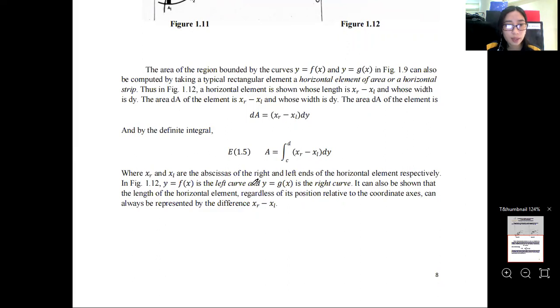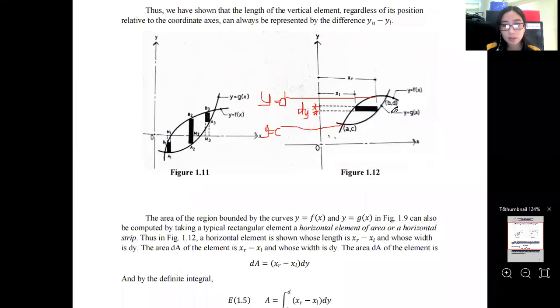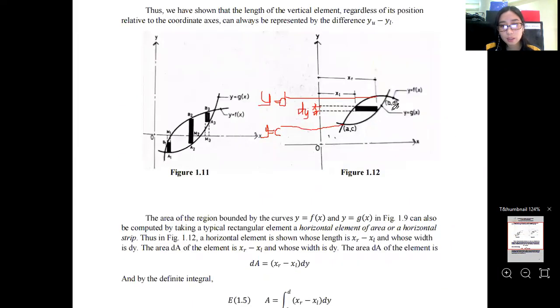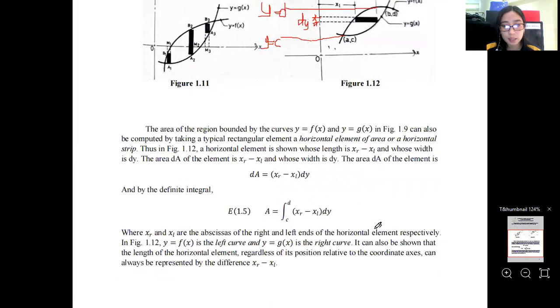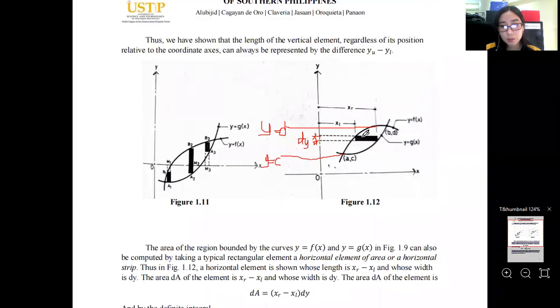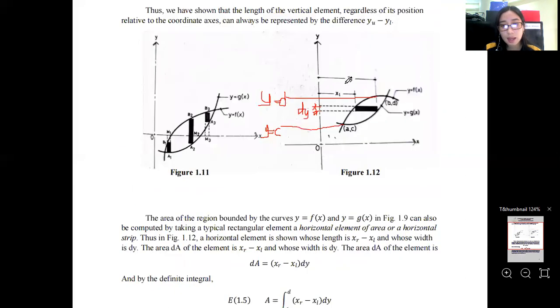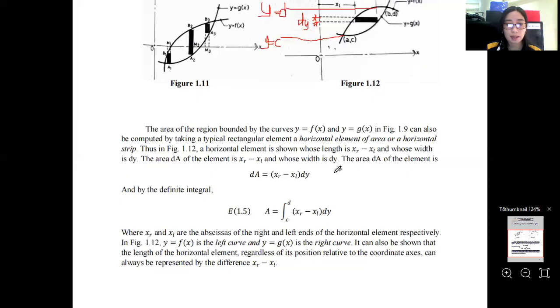So y is equal to f of x is the left curve and y is equal to g of x is our right curve. So it can be shown that the length of the horizontal element regardless of its position, pareha ra gyapon ning pag-prove ani, regardless of its position under the region R relative to the coordinate axis, can always be represented with x sub r minus x sub L.